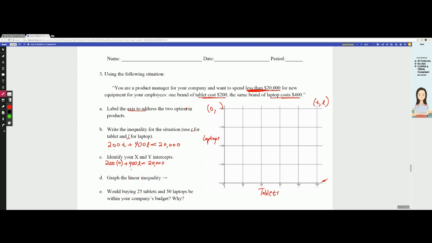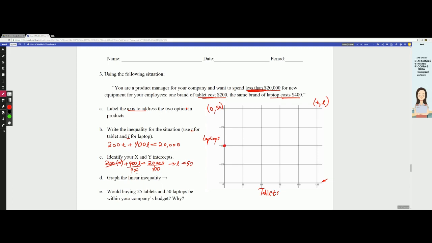We're going to use division property. Again, the 200t gets completely decimated there because we don't care about tablets. And you should get for laptops is less than 50. So we have 0, comma 50 for that one crazy situation. So that'll be right here.